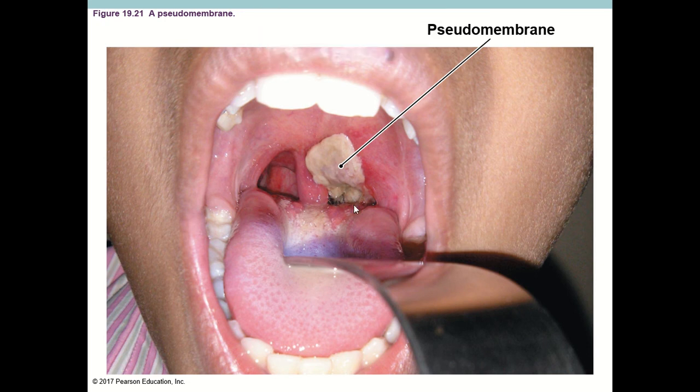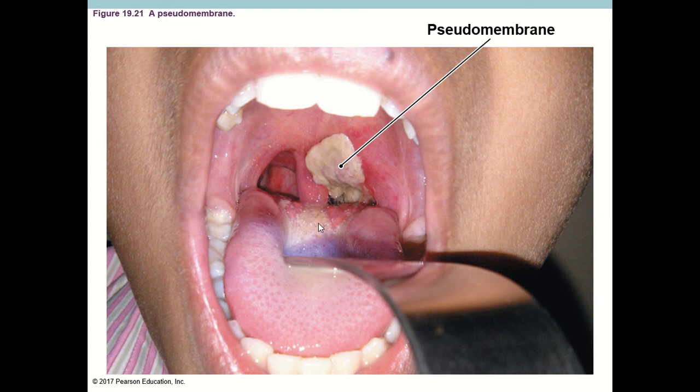Now, the reason why this is important is because this is characteristic of diphtheria, but it's pretty rare in the US. It happens mostly in parts of the world that are very, very poor. So again, if it does happen, then the doctor would be looking for the formation of pseudomembrane, and that is indicative of diphtheria right there.